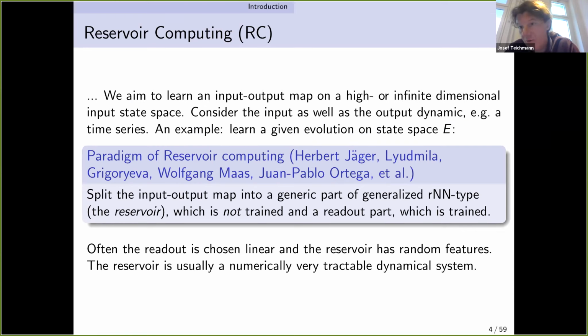And very often the reservoir is a dynamical system which has random features, random characteristics. And randomized signature becomes necessary in order to construct from signature or from semi-martingale signature a low-dimensional random feature approximation of this high-dimensional object. That's the goal, and this is the reason why we need a randomized signature, which comes at the end of this talk.